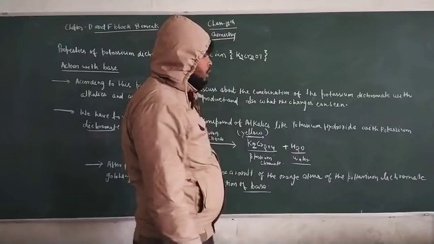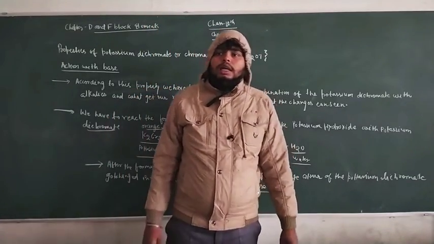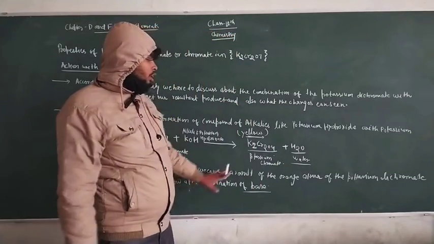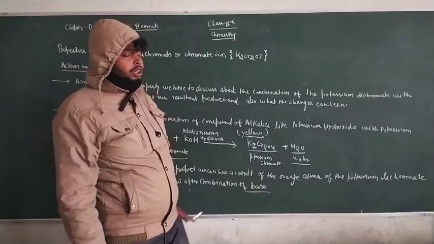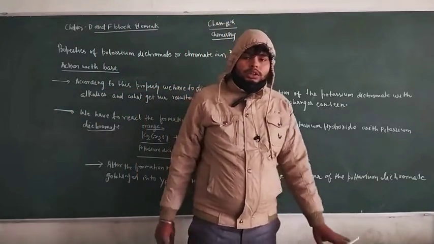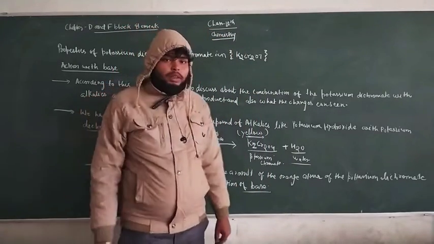That means because of variable valency and variable oxidation states, they can show change in color. In this reaction, the variable valency and change in oxidation state both act. That is the reason for the change in color from orange to yellowish.